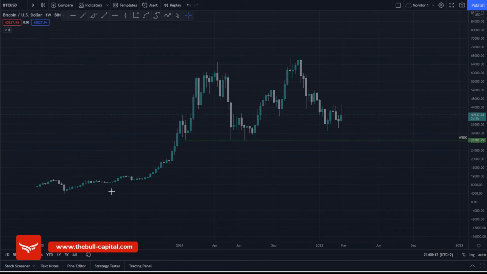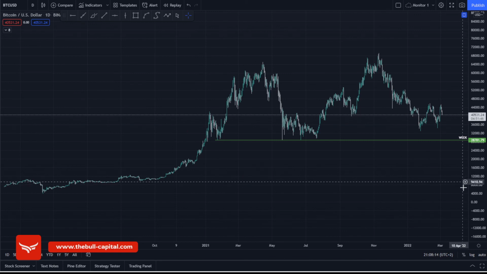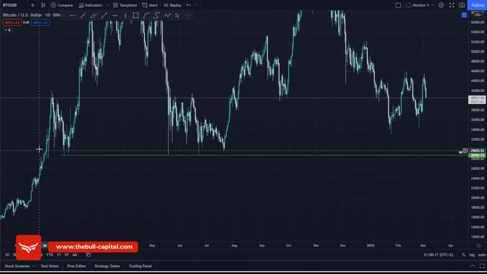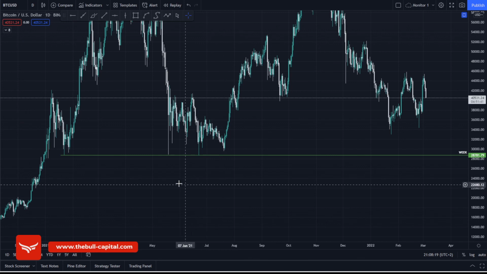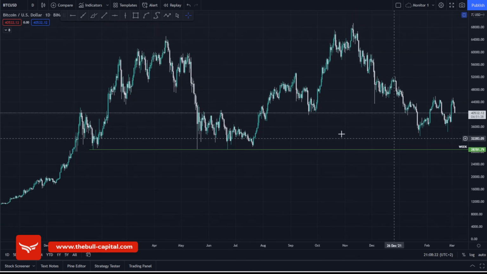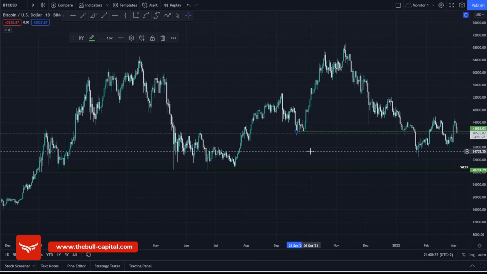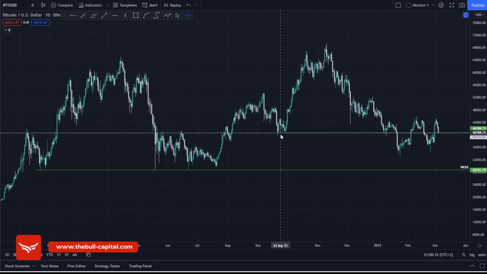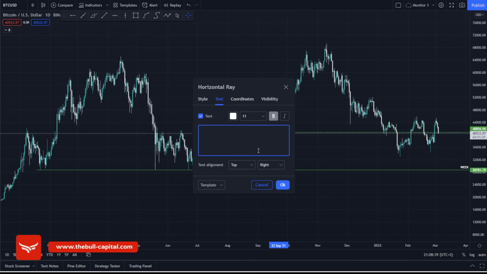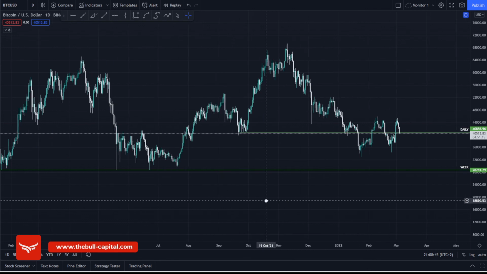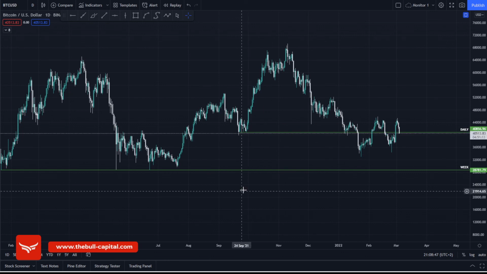Now if we go on daily, you see how beautiful it looks. If we mark, let's say on daily, I'm going to mark this level here. We can call it daily, and now you know that it's a daily level, daily support.